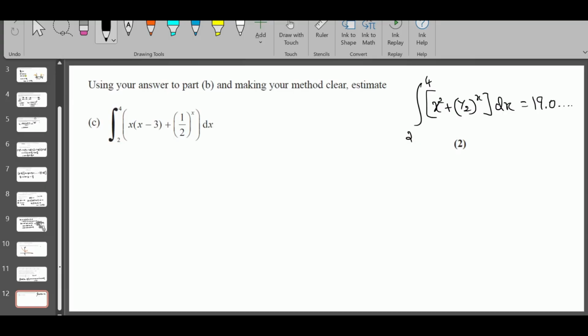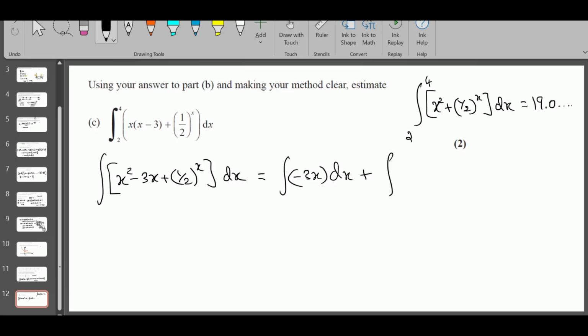So I'm going to open the bracket here, so we'll get x square minus 3x plus half to the power x dx. We need only x square and half power x, right? So I'm going to split it. First one is integral of minus 3x dx, and then x square plus half power x dx. I hope you understand this.